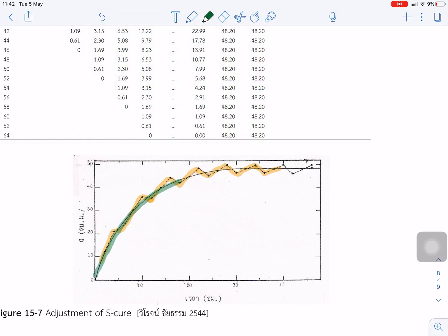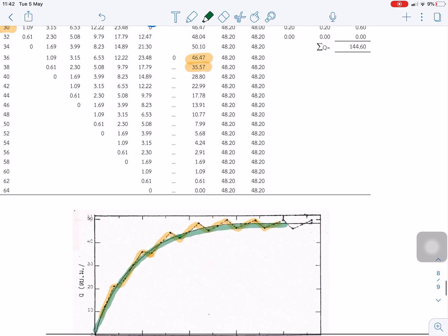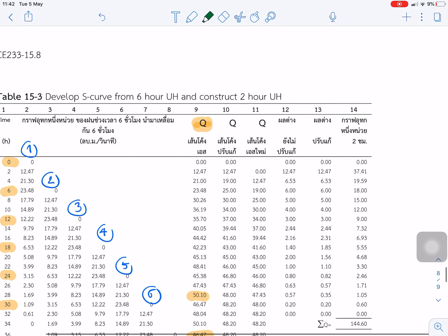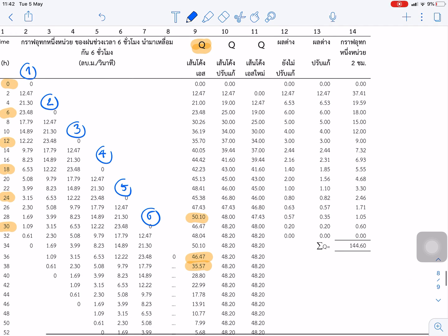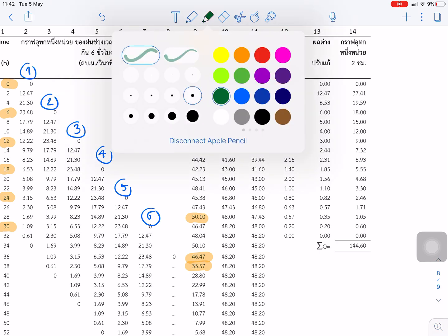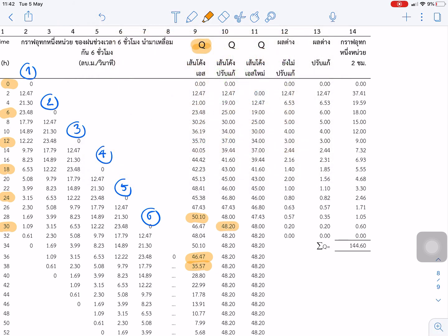We adjust in column 10 and bring the maximum into column 11. The maximum should be 14.20. That's a very smooth curve, and we keep the maximum at 48.2.